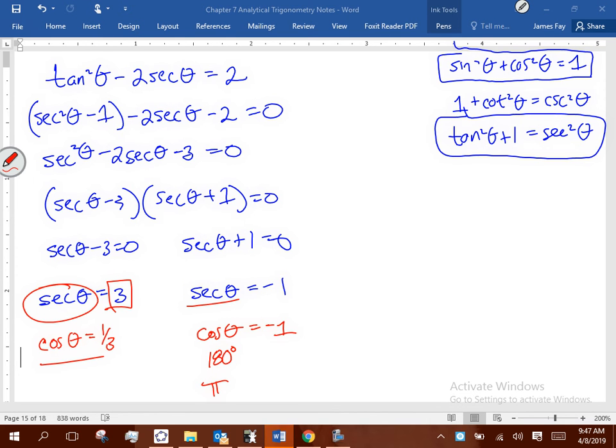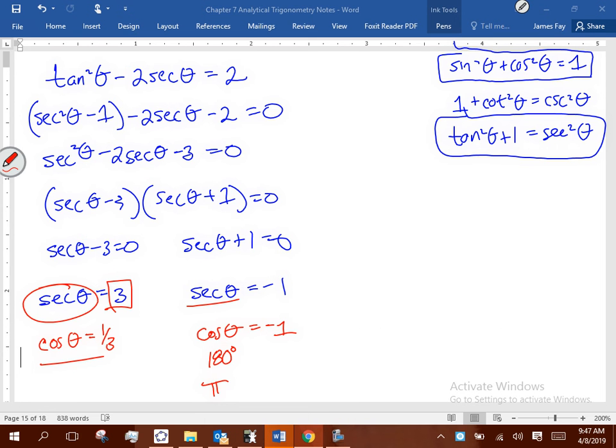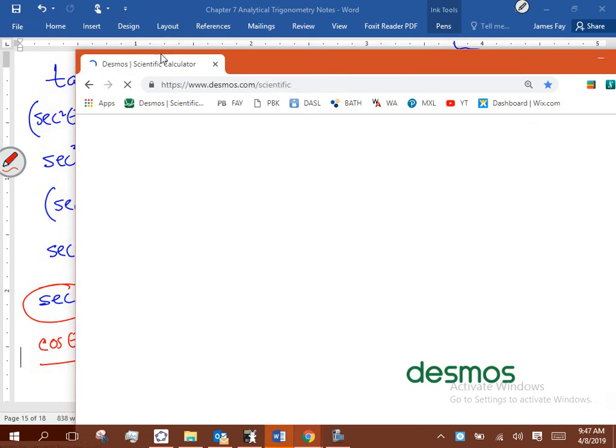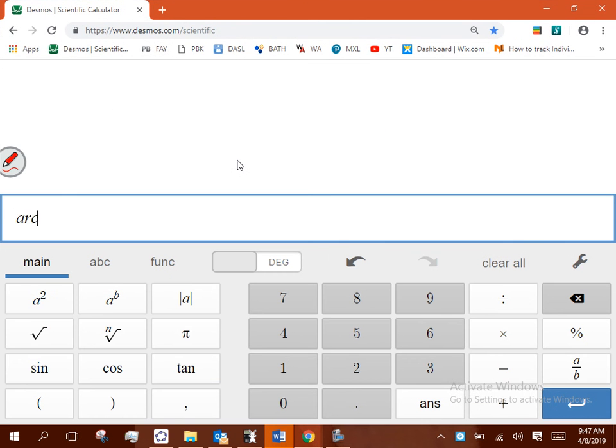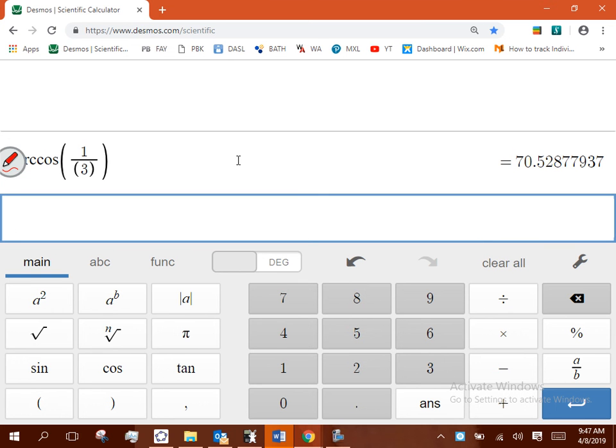Okay, so let's now take cosine theta equals 1/3 and mess around with that one. If we take the arc cosine of 1/3, it gives me 70.528 degrees, right? So that's one of our solutions for cosine being 1/3, 70 degrees.